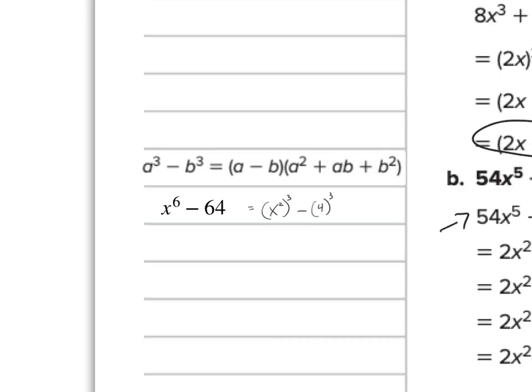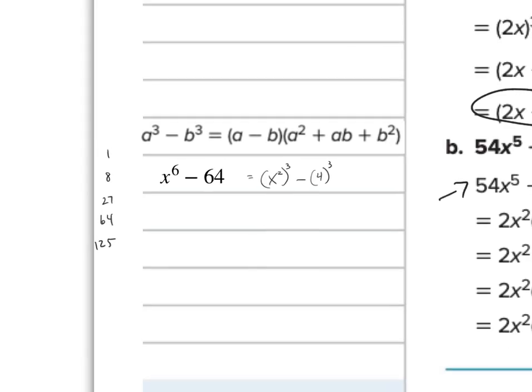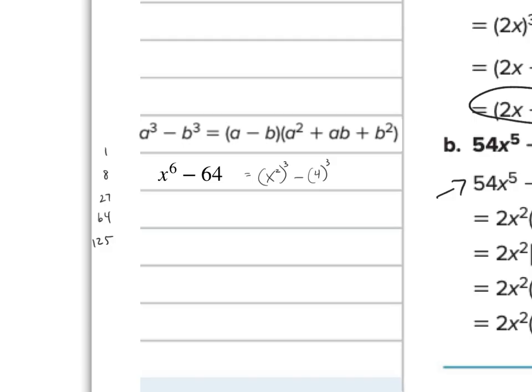And I'll tell you right now, at this point in your education, you should know 1, 8, 27, 64, 125. You should know that those are all perfect cubes. Okay. Now, as I do the replacement, following this pattern, I would have x squared minus 4.